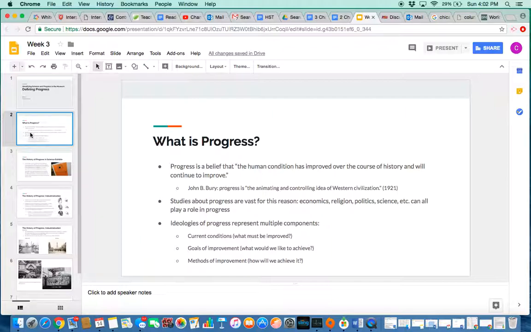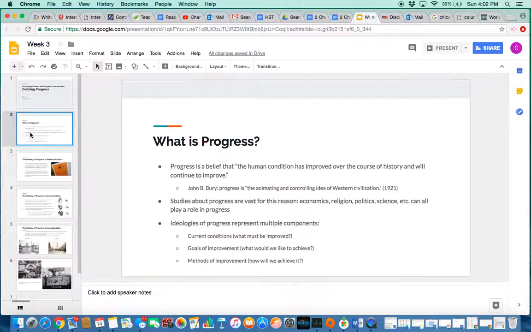John B. Bury is going to write in 1921 essentially a huge tome on the history of progress and how it operates in Western civilization. And he's going to say that this is the animating and controlling idea of these civilizations and their advancement over time, which means it has a central role, right, when we think about how we have become what we have become in this present day.